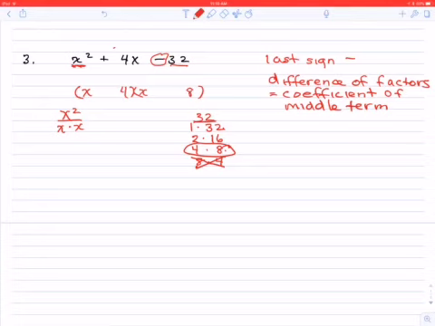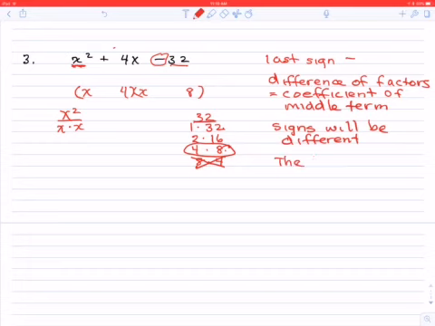Now we have to find out what sign to put between those terms. Well, if the last sign is negative, the signs are going to be different. The larger factor will get the sign of the middle term.